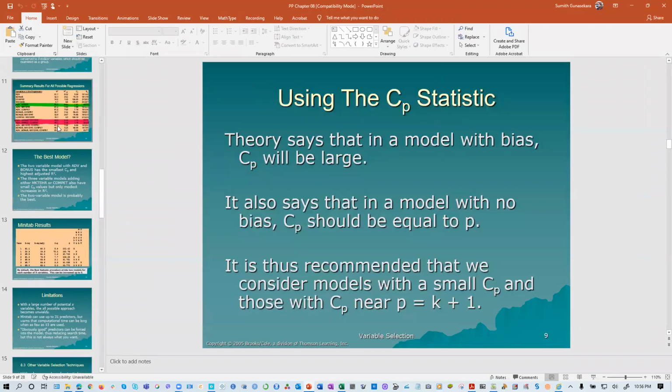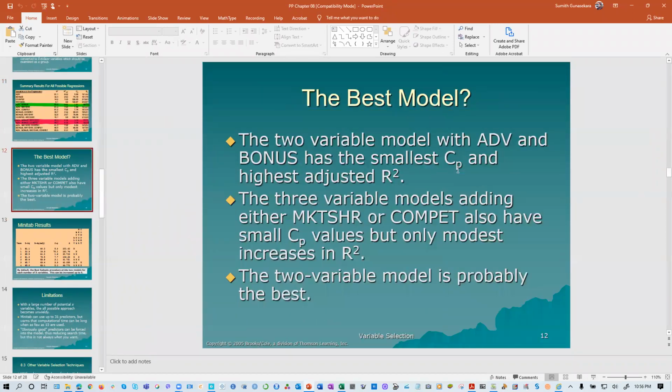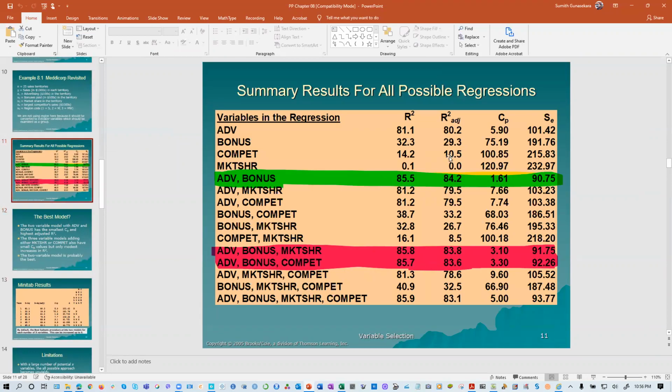Looking at all these procedures, we pick the best model, the two-variable model with advertising and bonus. It has the smallest CP, the highest R square, the highest adjusted R square, and the smallest SC. This would be the best model.